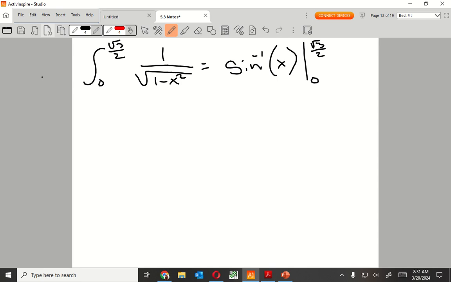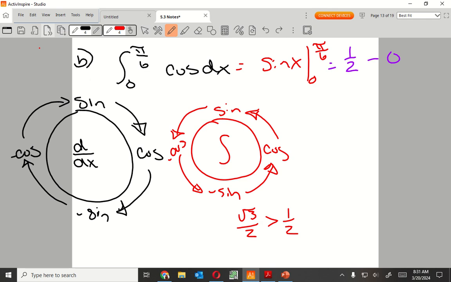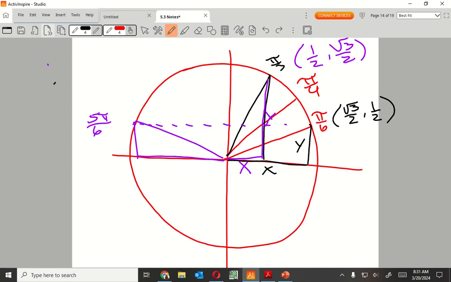It was like the inverse. So let's go back to our circle right here. So it's arc sine, and it says rad 3 over 2. So I go to rad 3 over 2, and what I'm looking for is the angle. Normally, I give you the angle, and you tell me the value. But now, arc is the inverse of it, so I'm taking the value and finding the angle. So 60 degrees? No, only radians, so pi over 3.